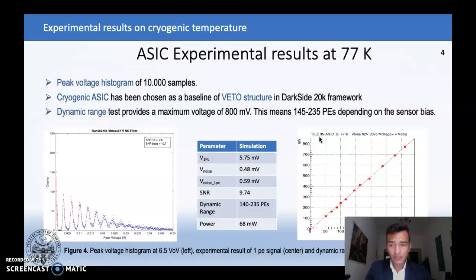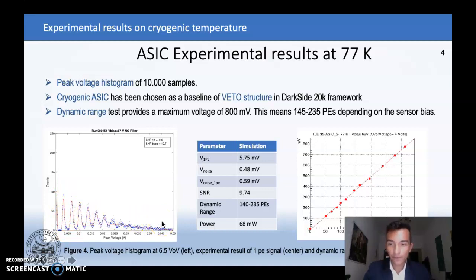As a result, we obtain this peak voltage histogram. Basically, this histogram is formed by the amplitude of 10,000 output signal waveforms, and each distribution corresponds to a photoelectron number. For instance, this is the single photoelectron distribution, 2 and 3 photoelectrons, and so on.